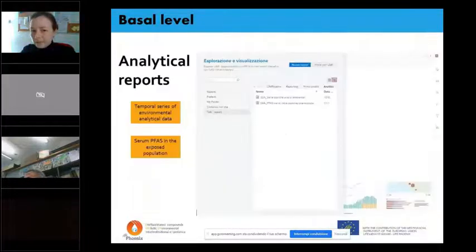And now let's go to the second type of reports, analytical reports. We have basically two types: a report on temporal series of environmental analytical data, and a report on serum PFAS in the exposed population. So let's see the first type.